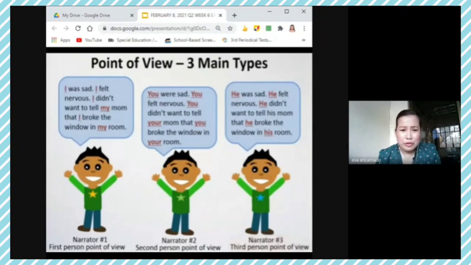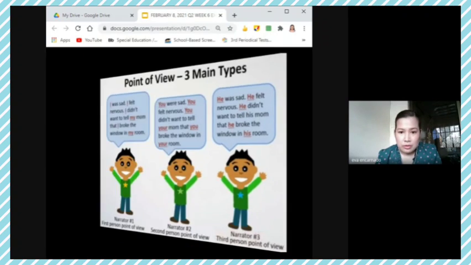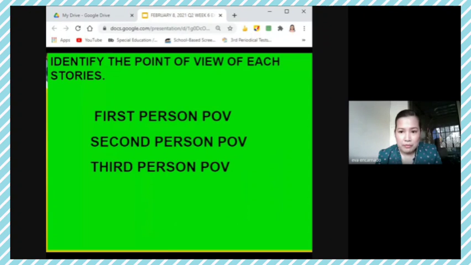So class, bring out your notebook, because you are going to answer this in your notebook. All you have to do is to identify the point of view of each story. You can write first POV, second POV, or third POV. Ganun lang, para short. Kahit alisin nyo na yung person. Para mabilis kayo magsulat.